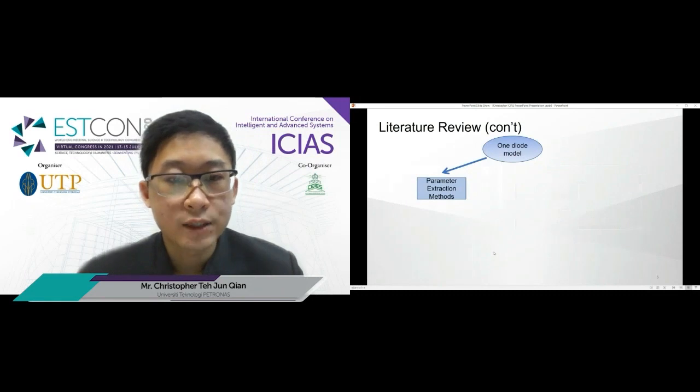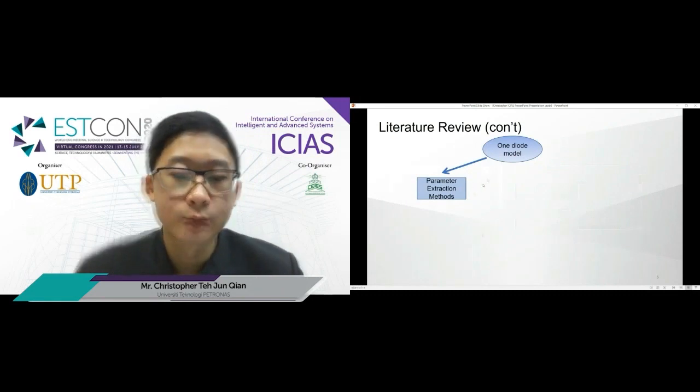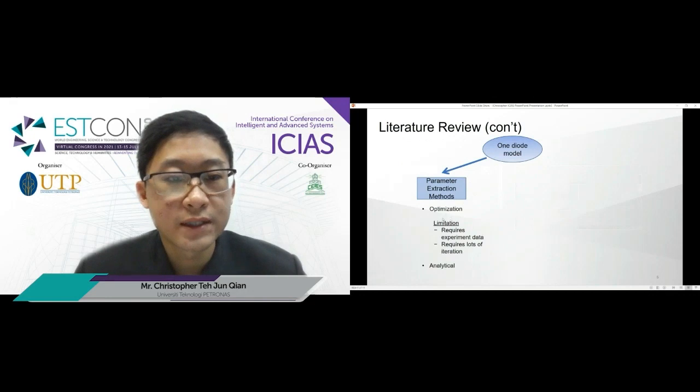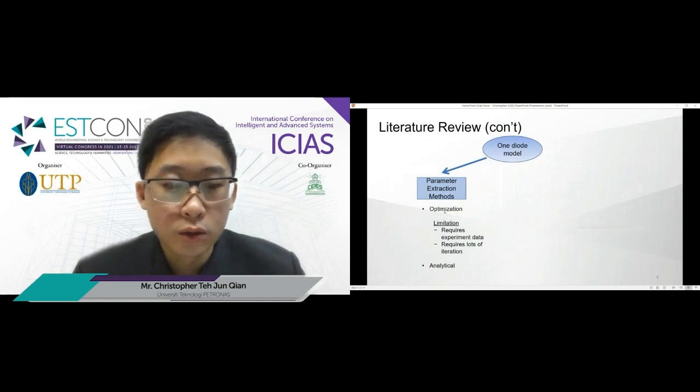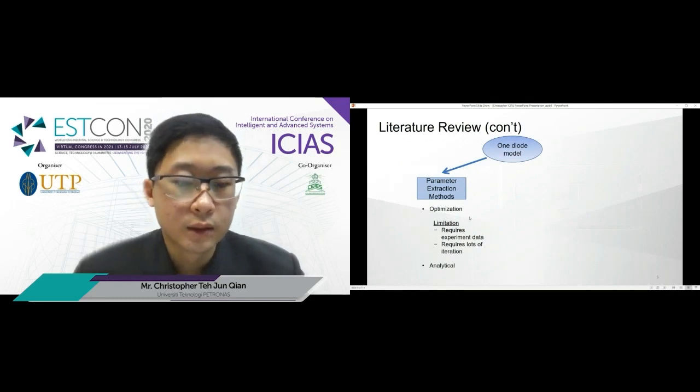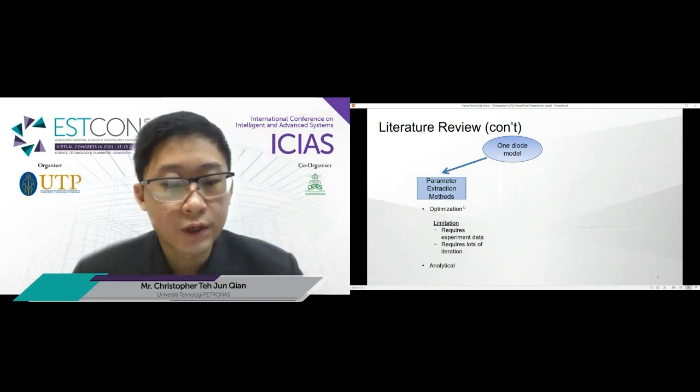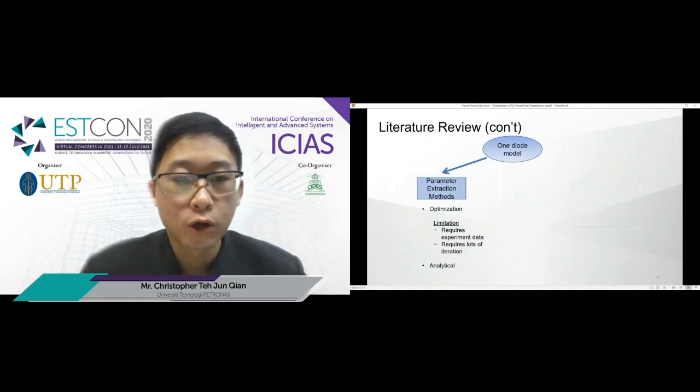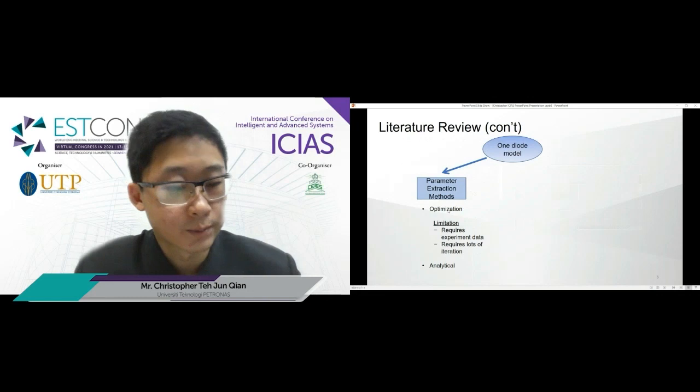To extract the parameters, there are 2 ways. The first one is optimization. With this method, they use different algorithms to iterate the parameters within a certain range in order to find the best fitted parameters.